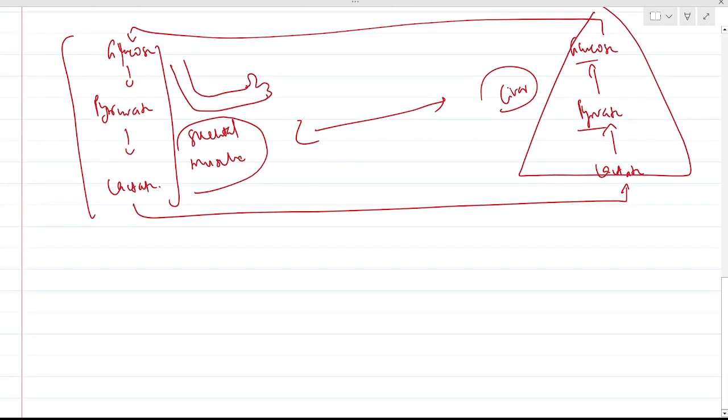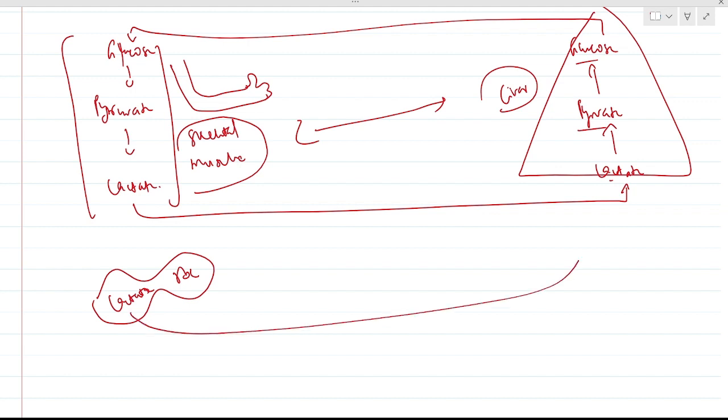Now another source of this lactate is our all important RBC. Here also lactate is produced anaerobically. You know, RBC is only capable of anaerobic glycolysis due to lack of mitochondria and other structures. This lactate also enters the liver.